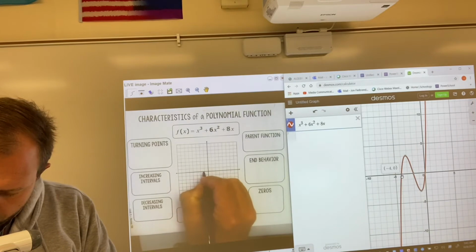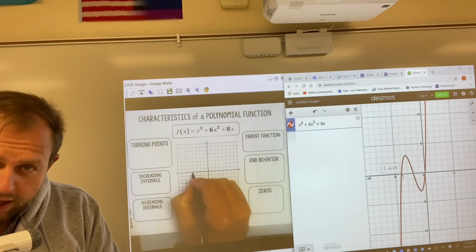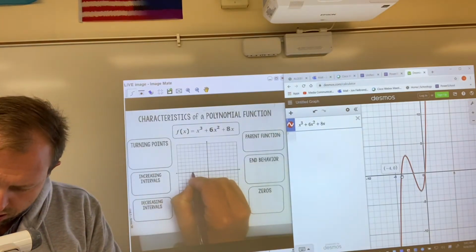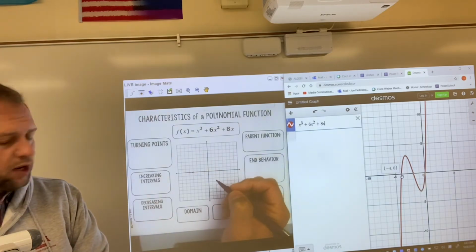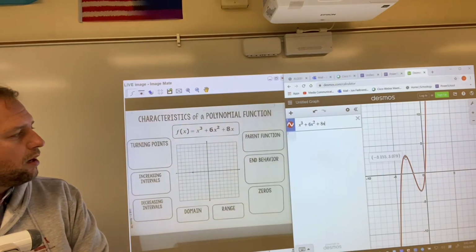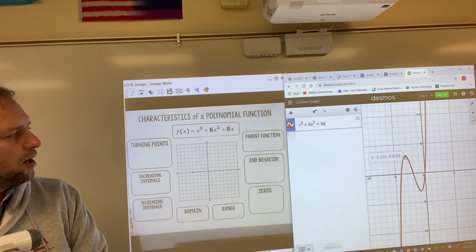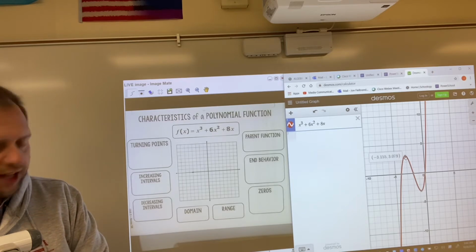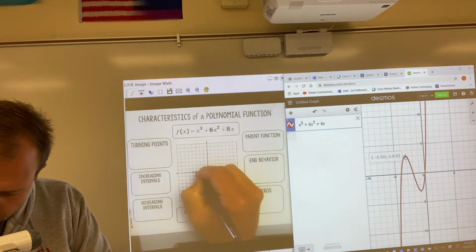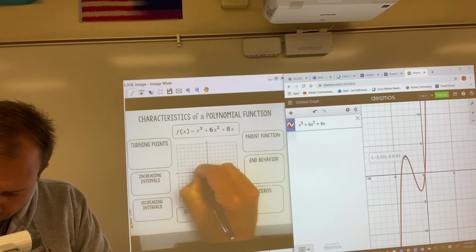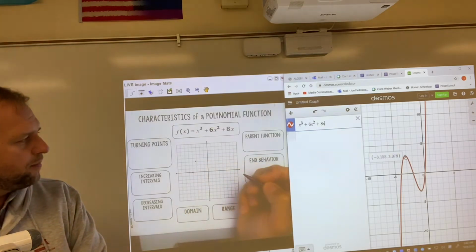So -4, 0 is an x-intercept. We have a relative maximum just above 3 and just to the left of -3.